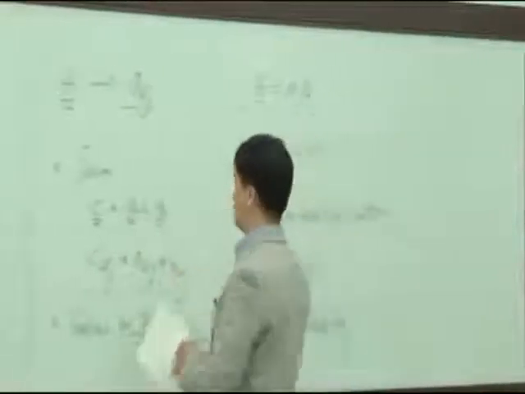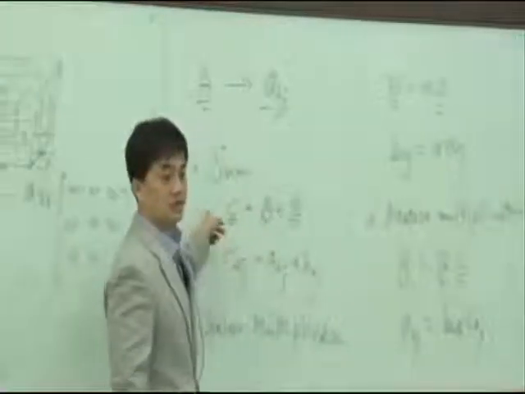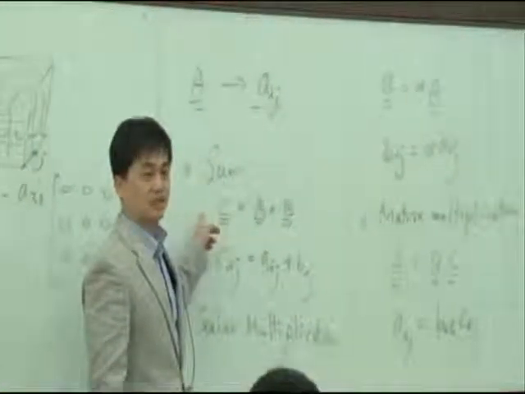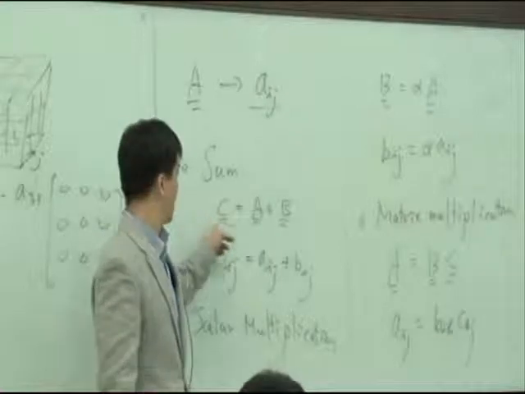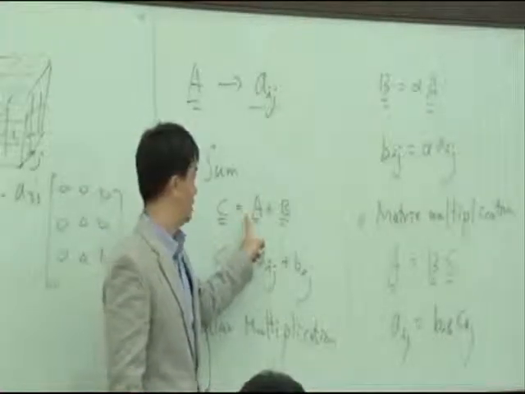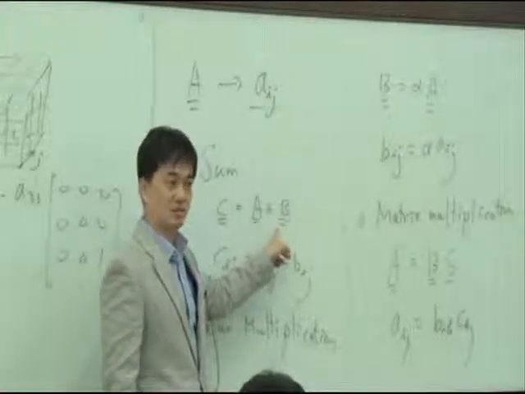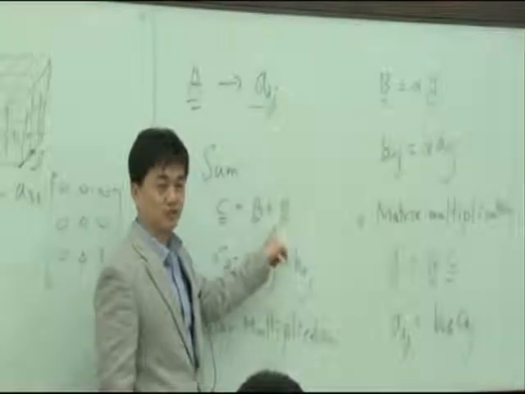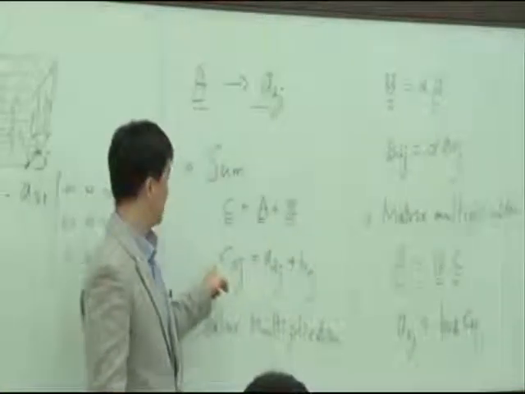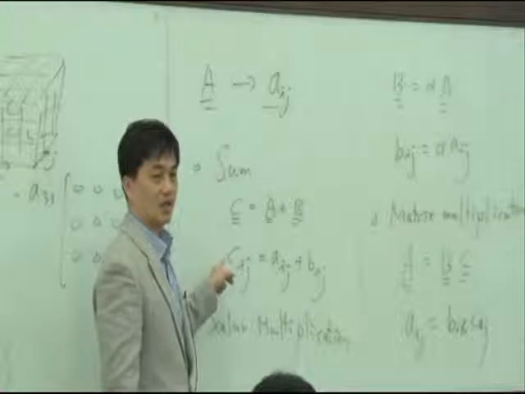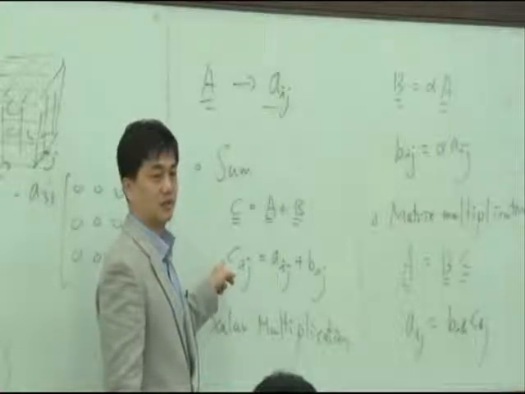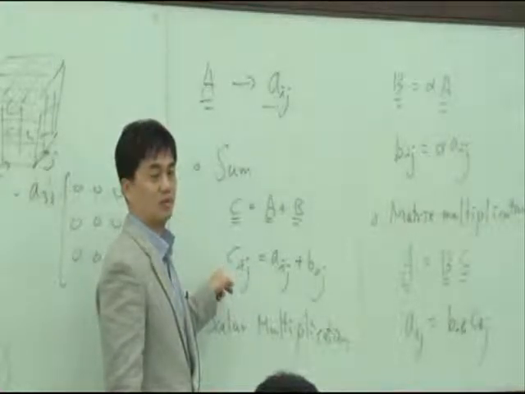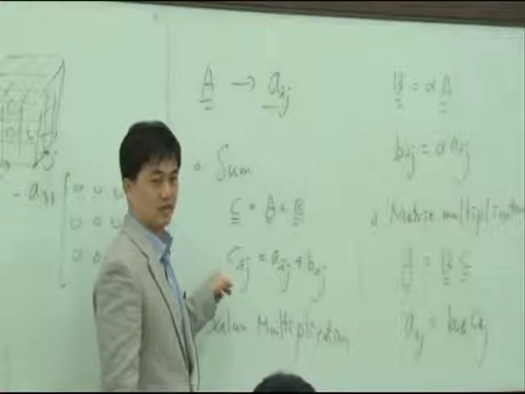Okay, matrix C is a 3 by 3 matrix. A should be a 3 by 3. B should be a 3 by 3, right? Let's assume. Then, how many equations we have expressed by this one? How many equations? 9, right?